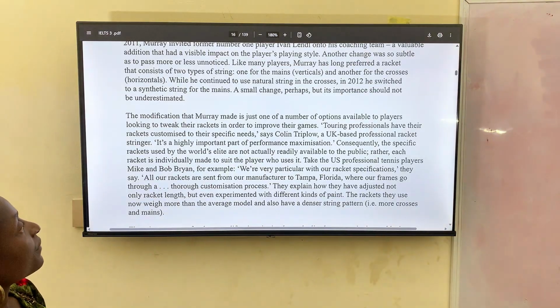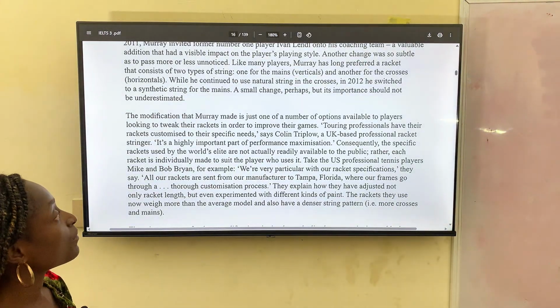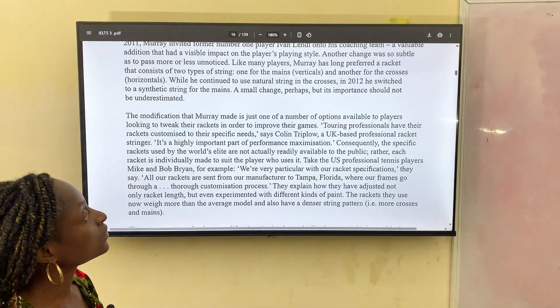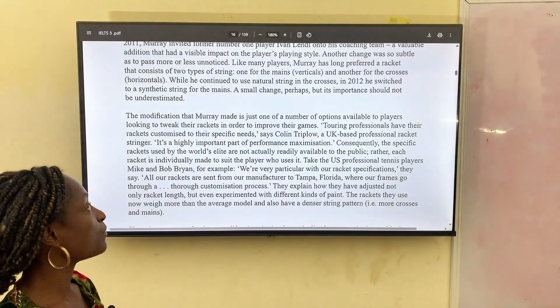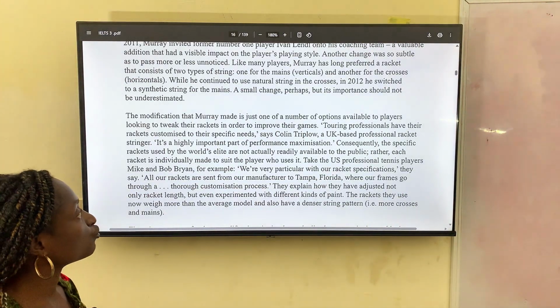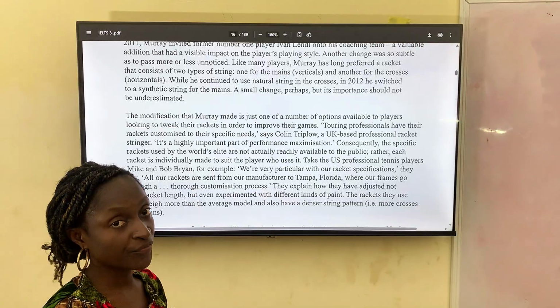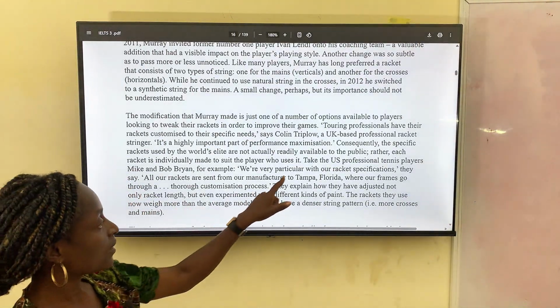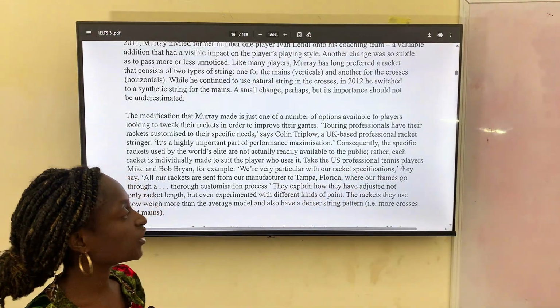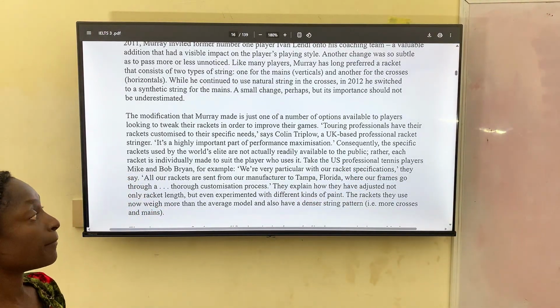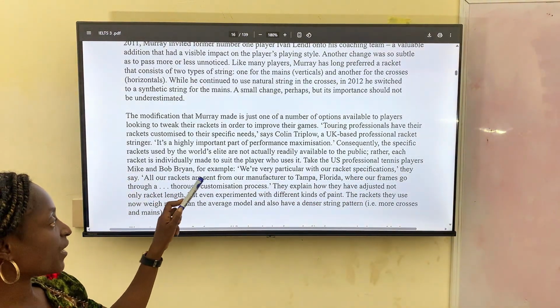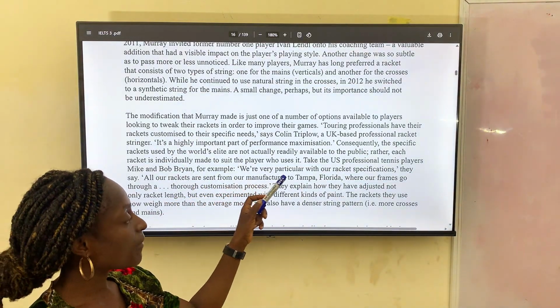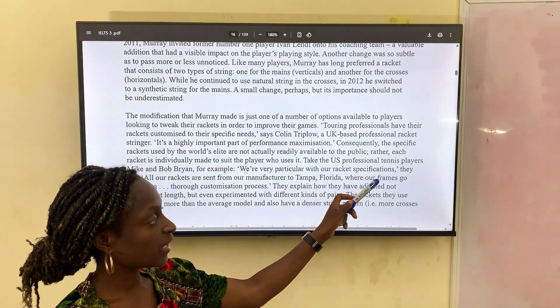We have, the modification that Murray made is just one of a number of options available to players looking to tweak their rackets in order to improve their games. Now we have, take the US professional tennis players, Mike and Bob Byron, for example. We are very particular with our racket specifications.